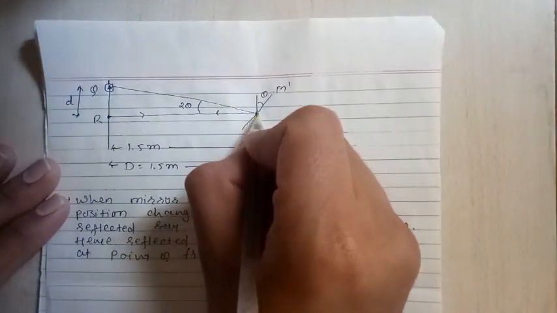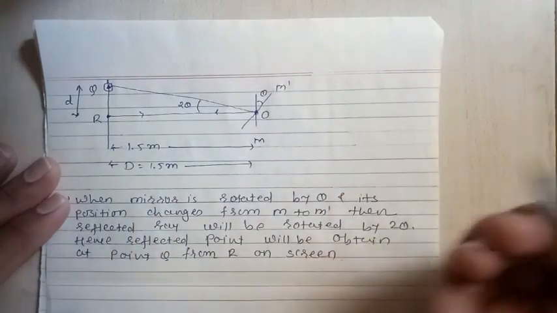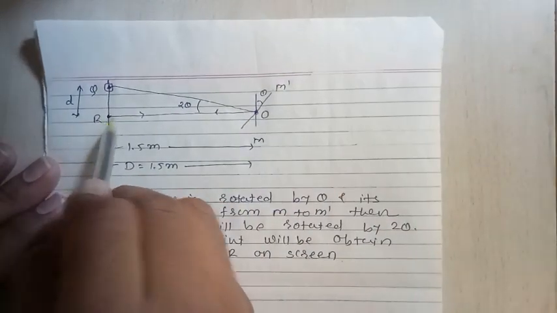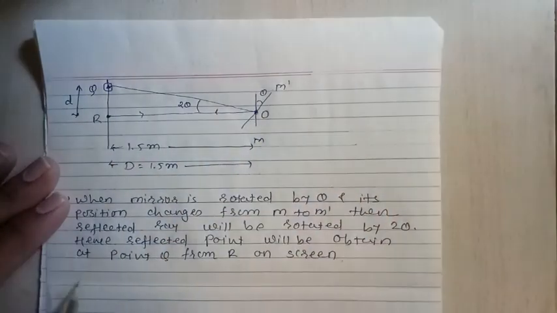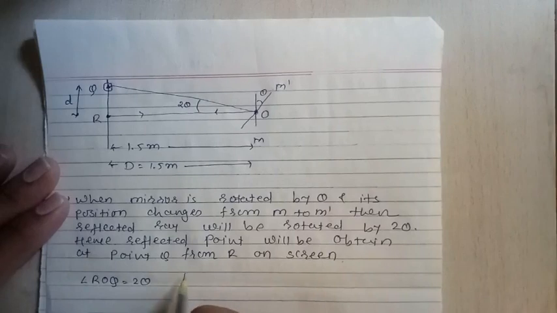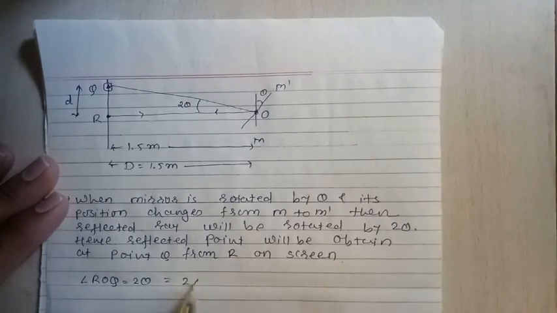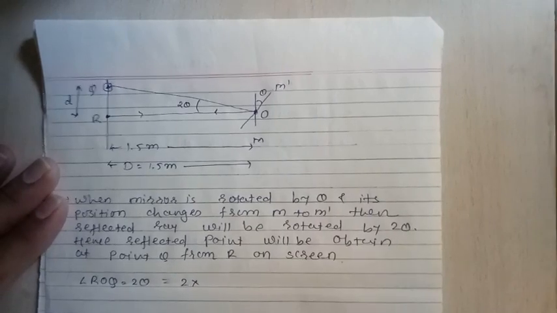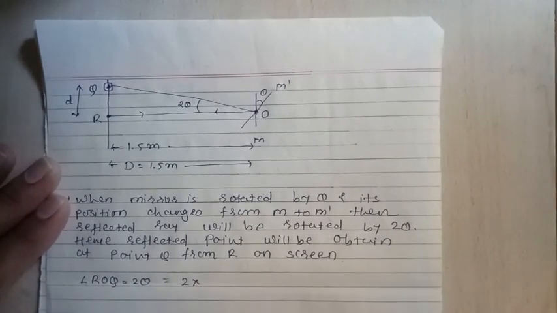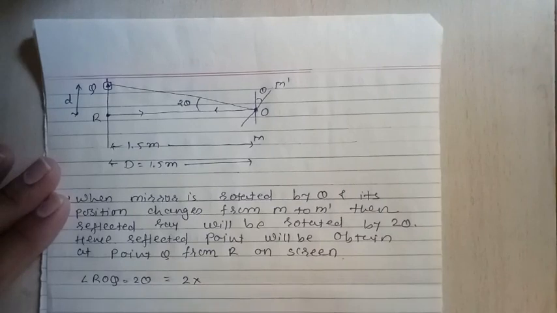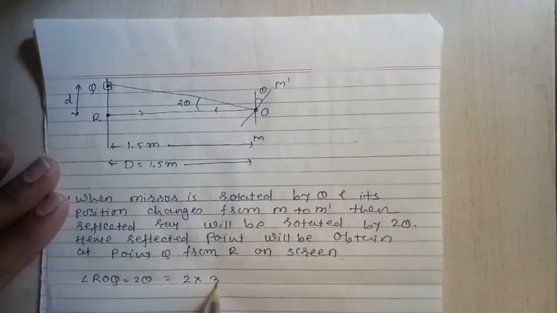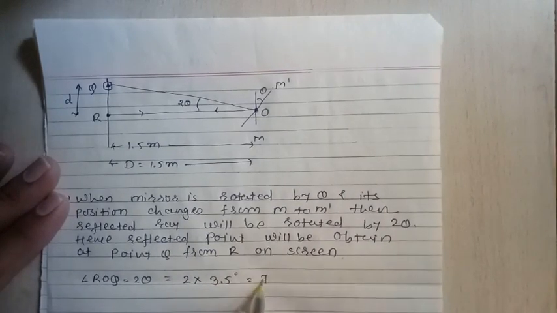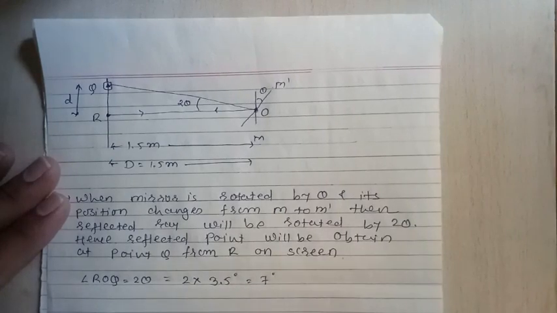Suppose I denote this point by O, so angle ROQ is 2 theta. We know the angle theta: a current in the coil produces a deflection of 3.5 degree. So angle theta is 3.5 degree, and we get 2 theta as 7 degree.